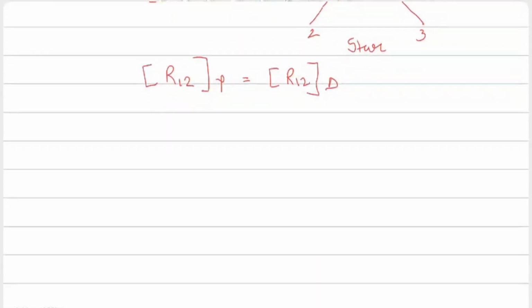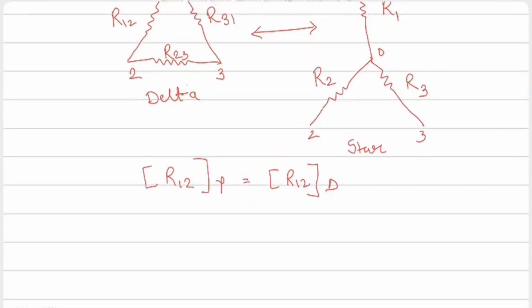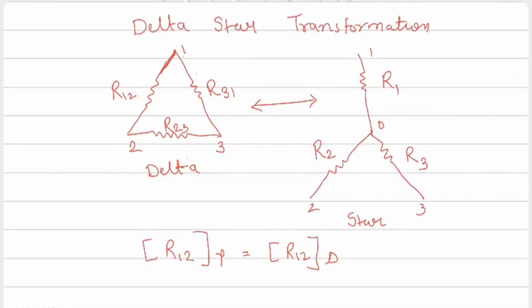Now let us imagine that there is an imaginary battery connected between terminal 1 and 2.